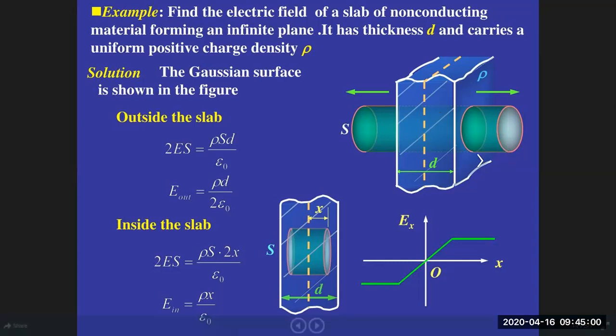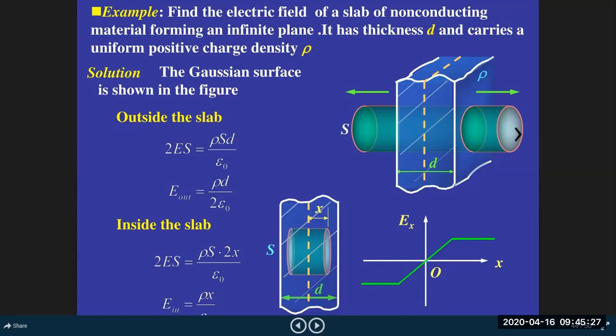This slab is infinitely extended, an infinite plane slab or thick sheet. So what will be the electric field at a point outside this thick sheet? Here we have to remember, in this case, we don't need to find the flux due to this side and this side.